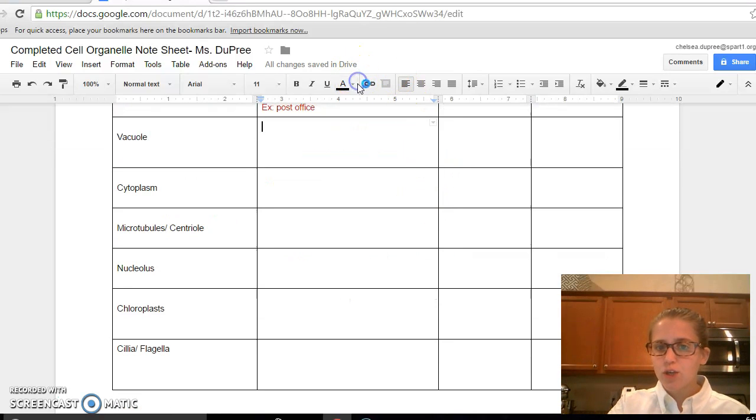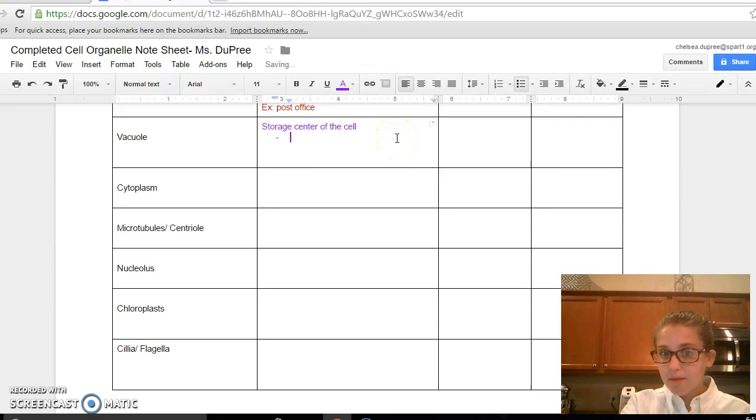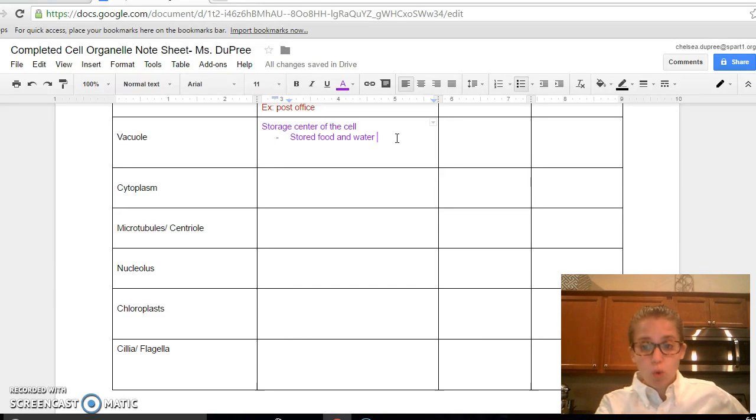Next up, the vacuole. The vacuole has a really cool job. He is the storage center. Now, two important things about him. He stores food and water. So if we need food and water later on, your vacuole is where it's going to be stored.